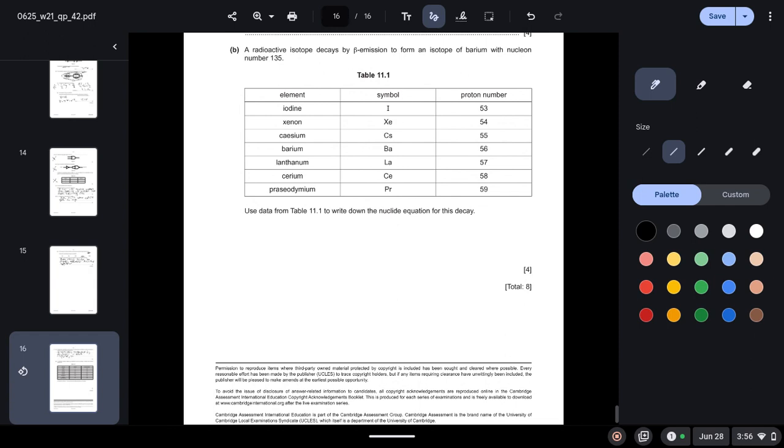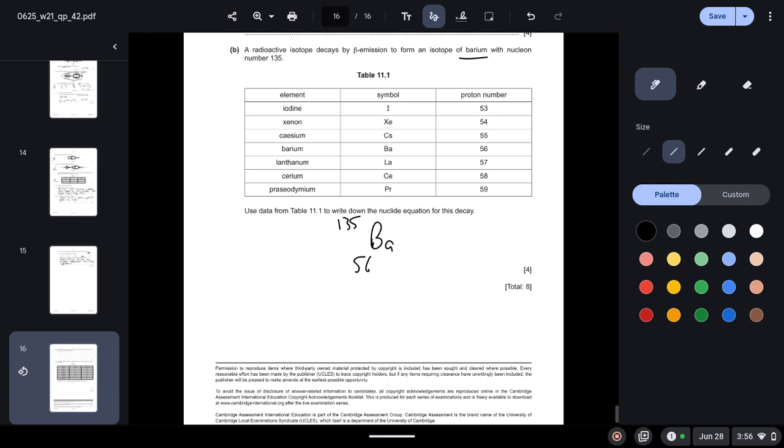A radioactive isotope decays by beta emission to form an isotope of barium with nucleon number 135. Use data from table 11.1 to write down the nuclear equation for this decay. So the substance that is being formed is barium after a beta emission. On the right you have barium, which has a proton number of 56, nucleon number is 135.